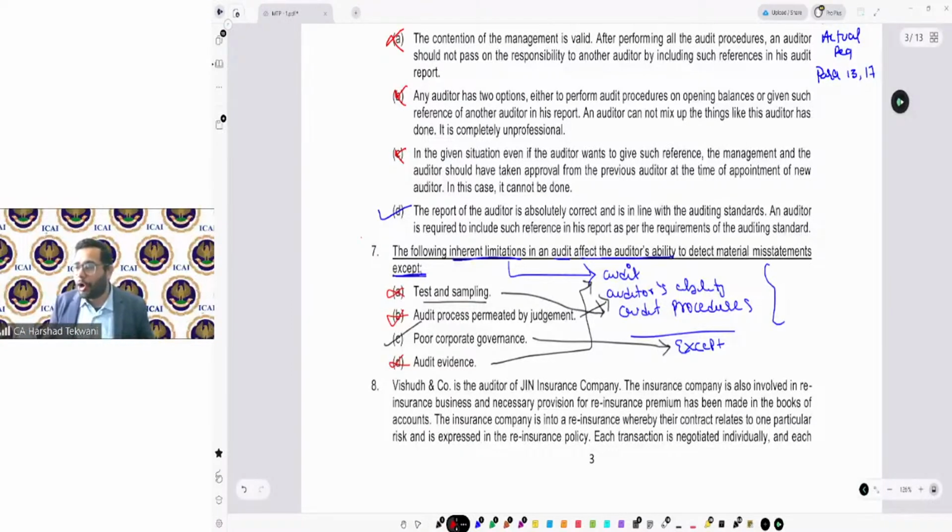So I need to find an area where an inherent limitation will not affect the auditor's ability. Poor corporate governance is such an area; it doesn't make any difference to me because it will not affect my ability to detect material misstatement. But an inherent limitation with respect to audit evidence, testing and sampling, or audit process premeditated by judgment will affect my ability to detect material misstatement.